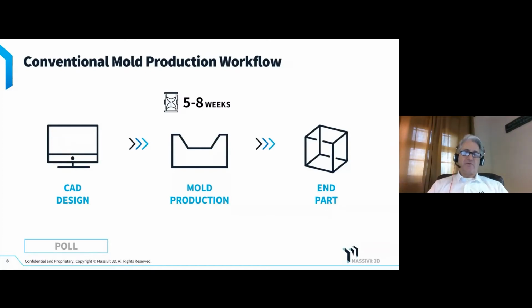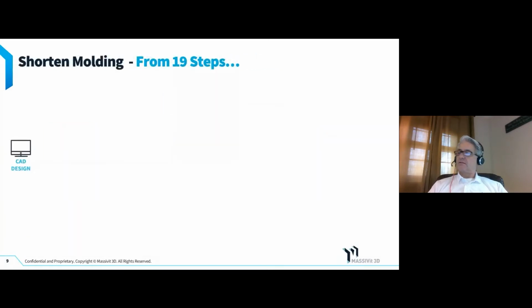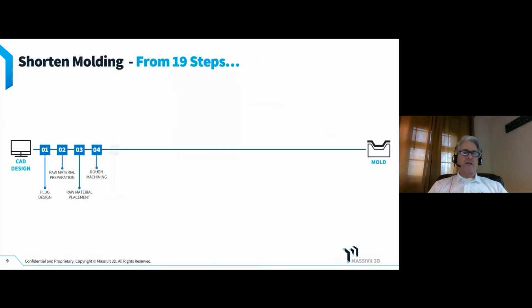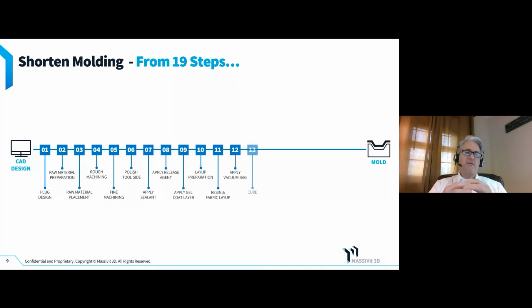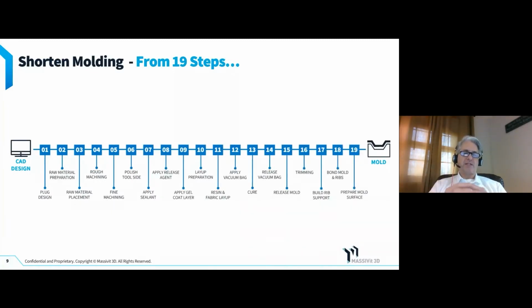So as we move on, we look at the mold building process conventionally with a hand layup as about 19 steps. Some of my colleagues have mentioned that it may be much more than 19 steps, so we're generalizing. An example is the final step, number 19, prepare the mold surface.